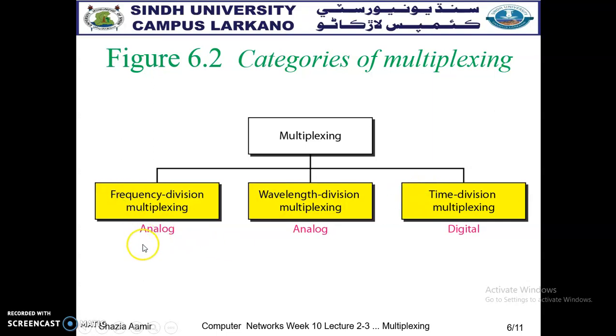Frequency division multiplexing is an analog multiplexing technique. Wavelength division multiplexing is also an analog multiplexing technique, and time division multiplexing is a digital multiplexing technique. It means it uses digital signals. These two use analog signals for the data transmission.